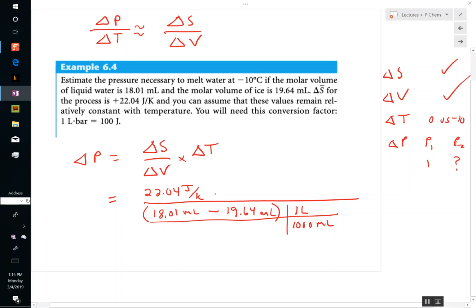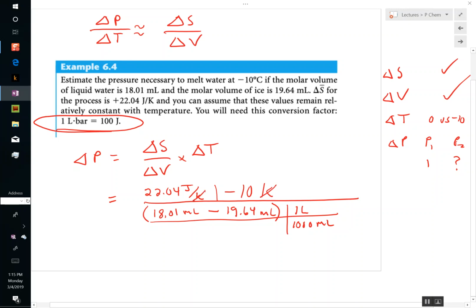And up here we're going to have a delta T of minus 10, and minus 10 K, minus 10 C is no difference. They're the same, the degree is the same size. And then the author is giving us that 1 liter bar per 100 joules.